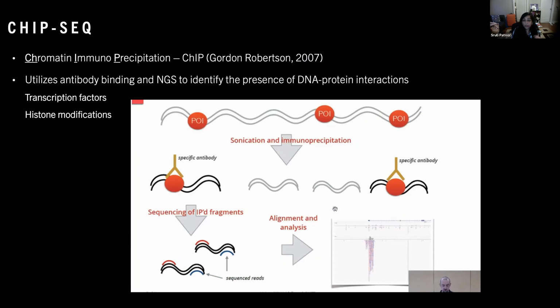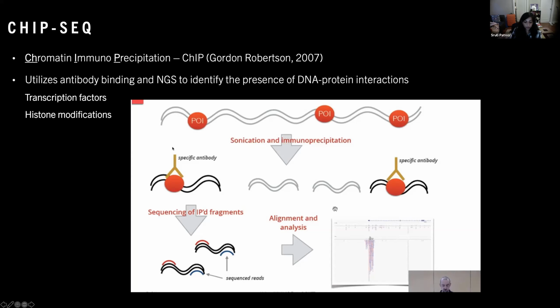It relies on the same principle as immunofluorescence or immunocytochemistry in general. We're using an antibody to look for a DNA-protein interaction, which is more direct evidence. That can be a transcription factor binding to the DNA, or a histone modification that we're looking for. So these little red things are points of interest.